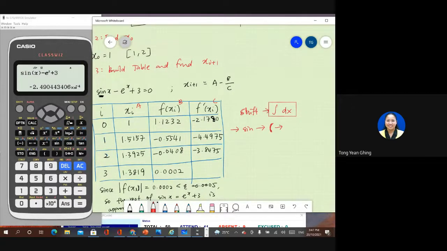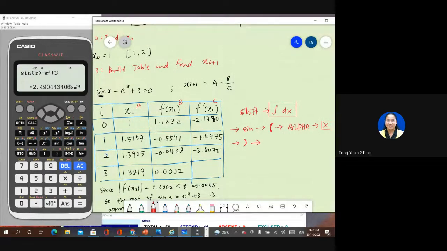Sebab sin X tu kan awak biar dalam kurungan. Okay, lepas tu pergi alpha X. Pergi alpha. Lepas tu pergi X. Okay, lepas tu tutup kurungan.